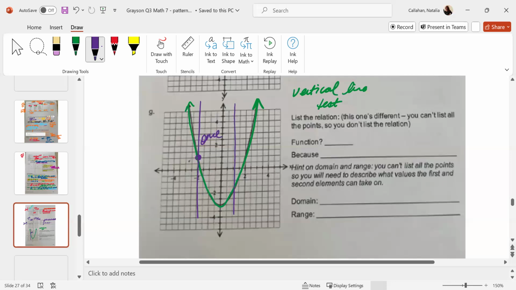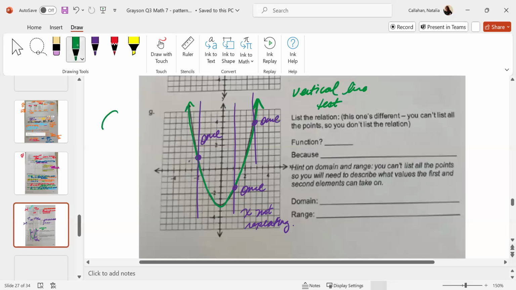If I draw another line as I'm sliding across, how many times does the purple line touch the green graph? Once. Okay, if I draw it a little bit further, how many times is that touching the green graph? Once. So if you look at this right here, X is not repeating. Do you see that? It's not repeating because it only touches it once, right?